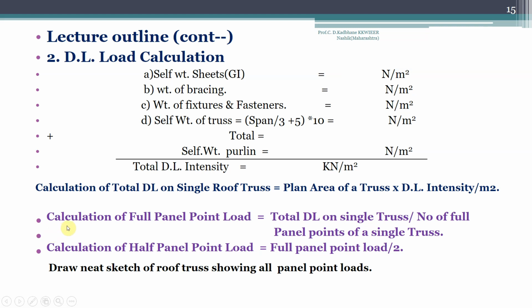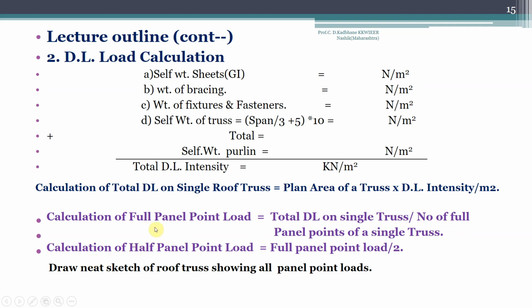Now after that we have to calculate the full panel point load. After finding the total dead load on a single roof truss, consider that total dead load on a single truss divided by the number of full panel points of a single truss. If we take the example of a pink or French truss, then there are 8 full panel points. Therefore, this total dead load on a single truss divided by 8 will give us the full panel point dead load.